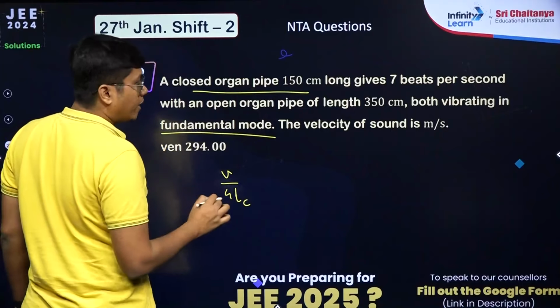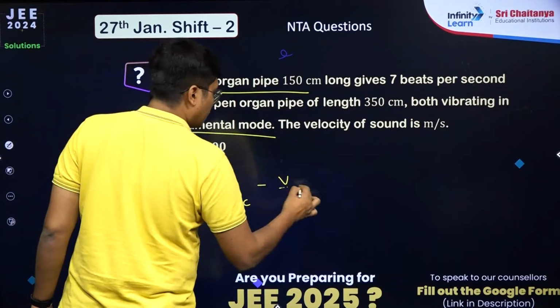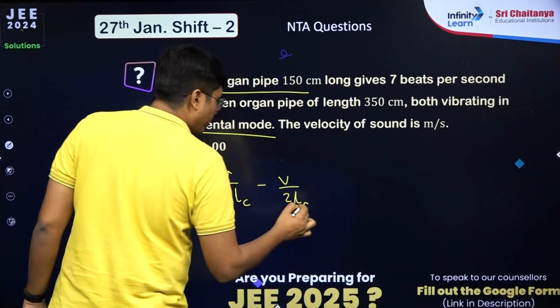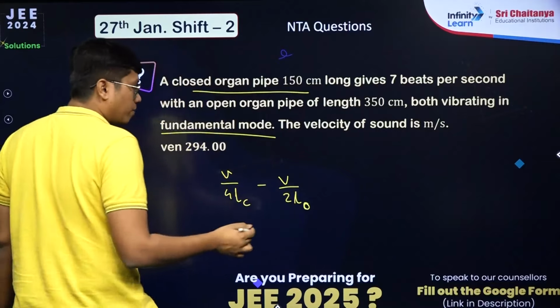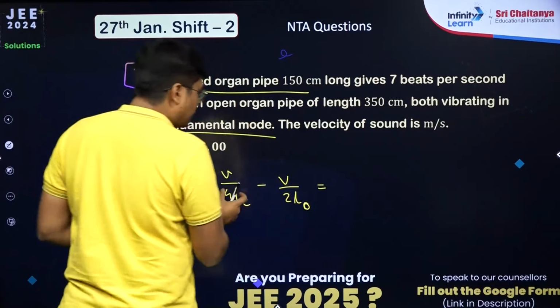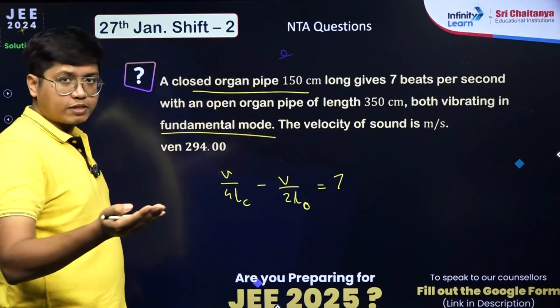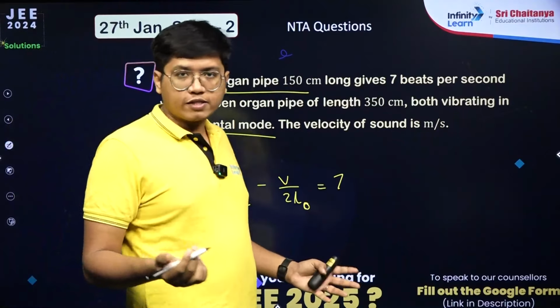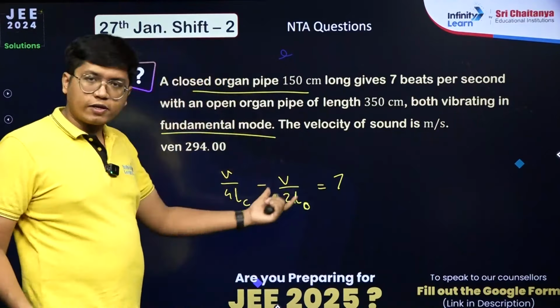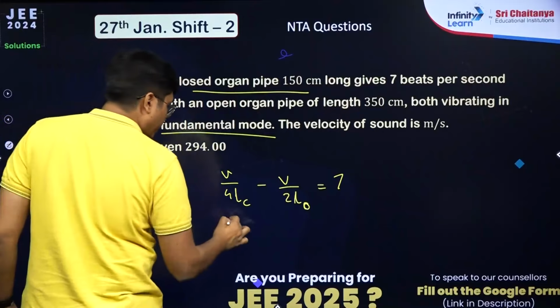So V by 2 into the length of the open organ pipe, and the difference in those frequencies is 7, because that is why we hear the 7 beats per second, the difference in frequencies. So frequency of this minus frequency of that one. Let's put it in.